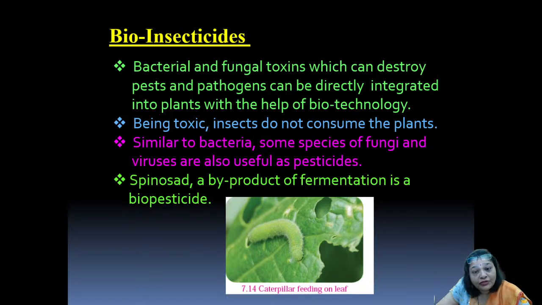Bacterial and fungal toxins which can destroy pests and pathogens can be directly integrated into plants with the help of biotechnology. Right now, how the techniques under biotechnology are being used, we'll be learning in the next session. So be prepared for that, students.